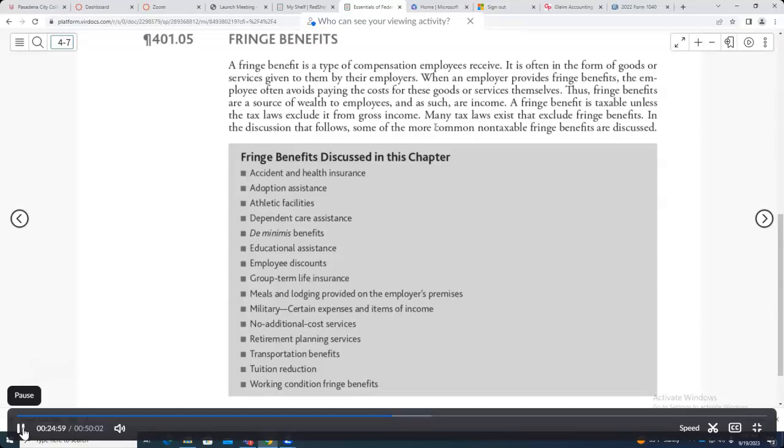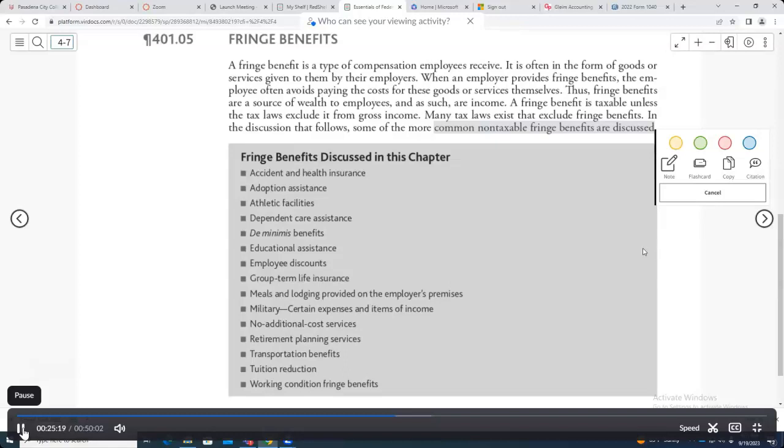I don't even know how you could monetize those. One of the reasons you cannot monetize them is because this is offered to everyone in the company.